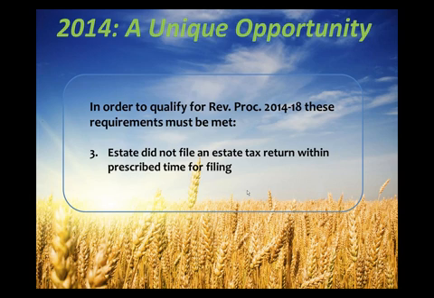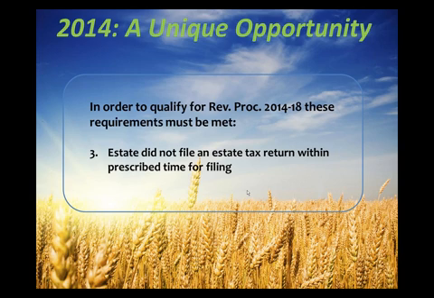Also, the estate cannot have already filed an estate tax return within the prescribed time for filing. So if the estate has already filed and didn't elect portability, they can't go back and elect it. Filing the return and not electing the portability is, in fact, electing out of it, which I can't imagine why anyone would want to do.